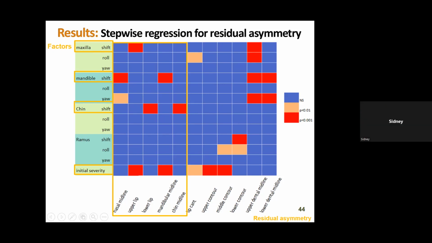For example, even if you have the 4-1 BSSO in the right position, but the chin is not looking good, then as a surgeon, when I look at my patient, I feel that, oh, I didn't do a good job if the chin was not looking good.